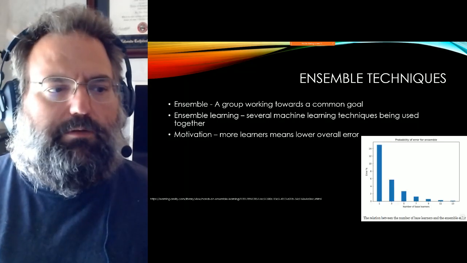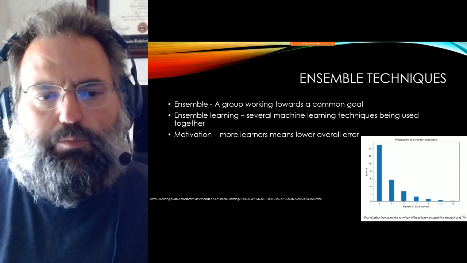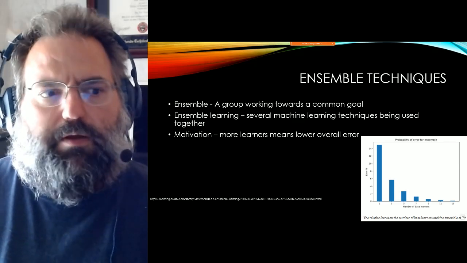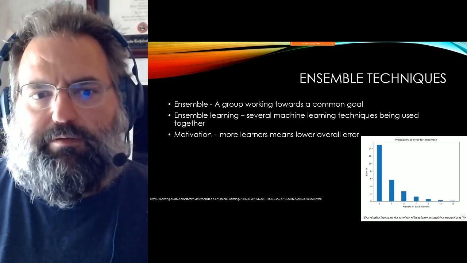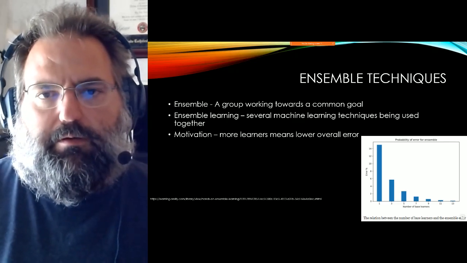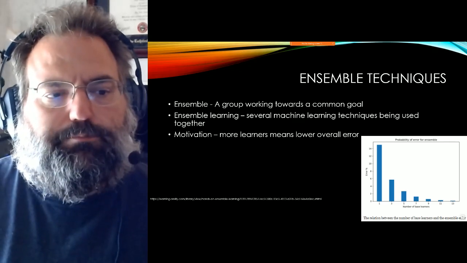So first of all, what's an ensemble technique? Key concept and the basic idea is that it's when you combine things together, a group of things, be it people, software, or whatever. So an ensemble is potentially a collection of people working towards some goal.